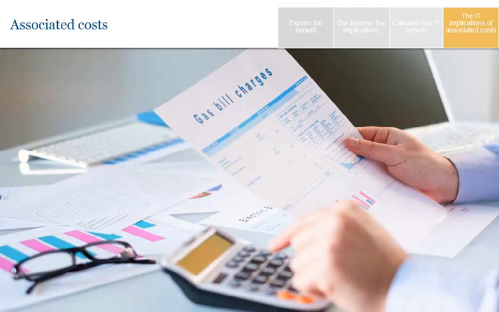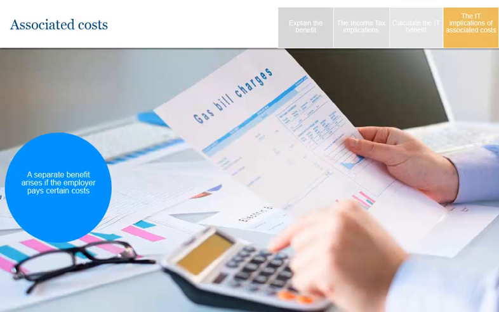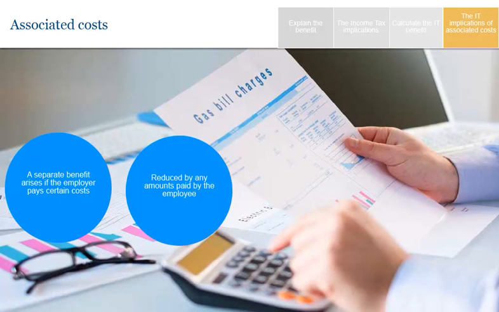There are a number of different treatments of costs, but let's start with the basic issue. If the employer pays costs in relation to the provision of accommodation, that will potentially result in a further benefit for the employee. This is generally calculated as the cost to the employer.